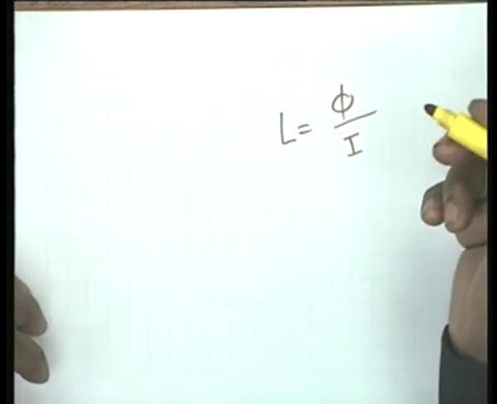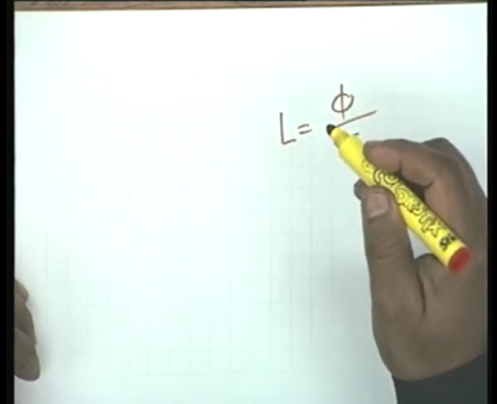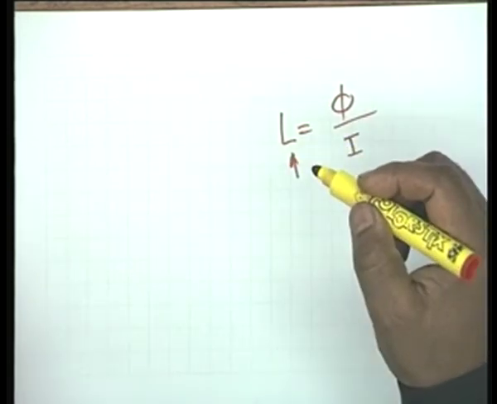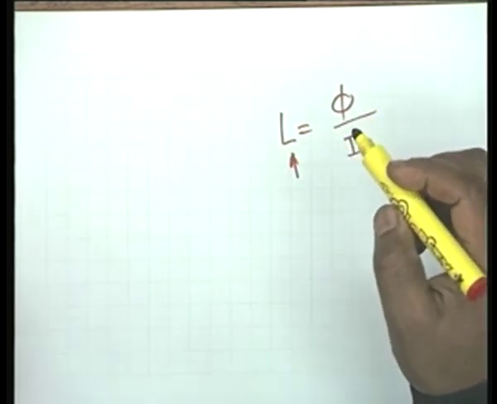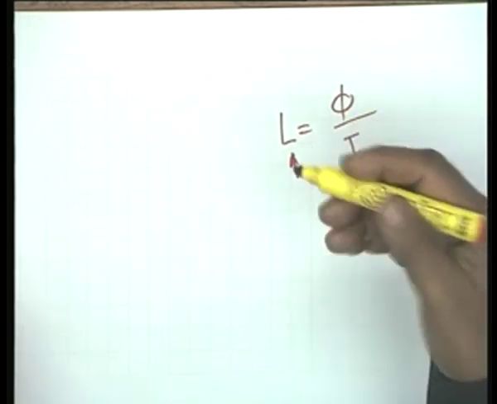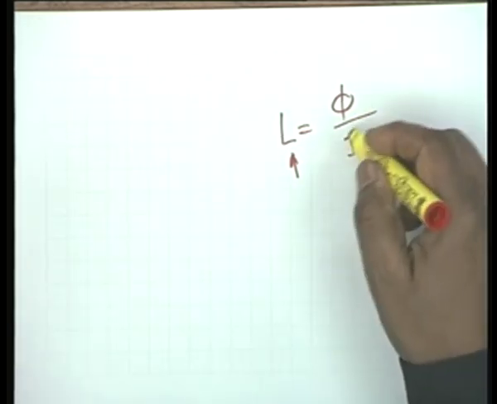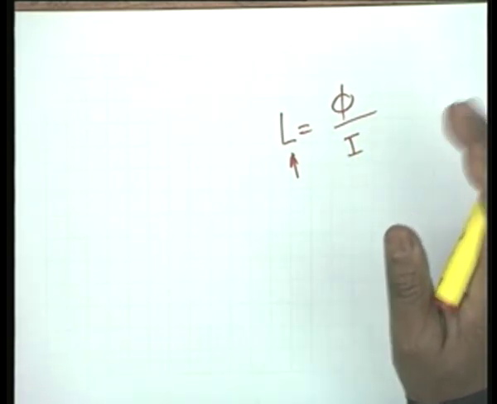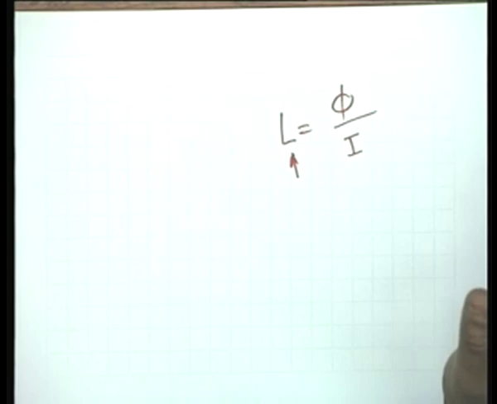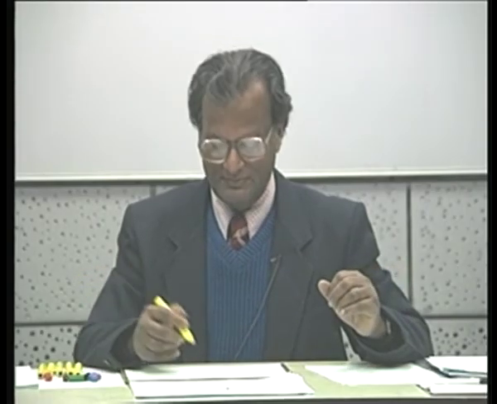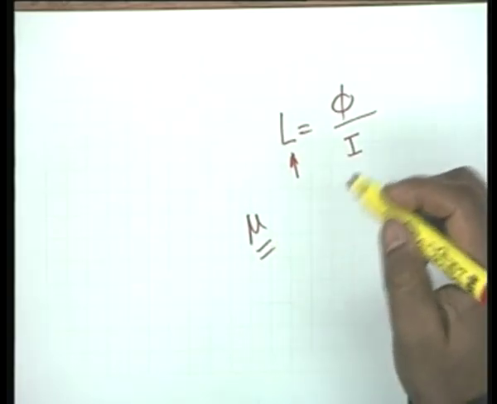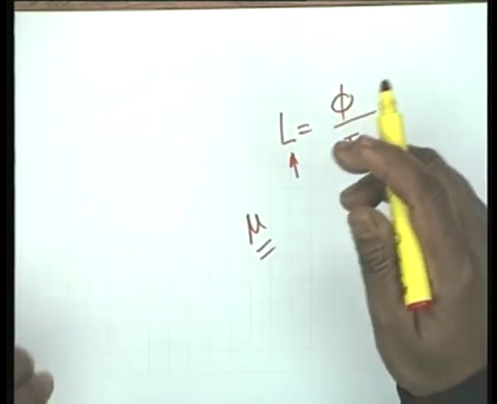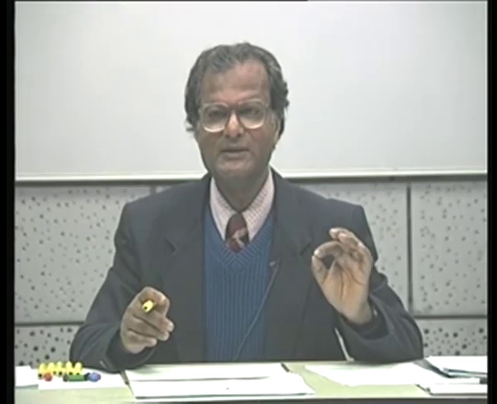And generation of a reasonable amount of flux: if you want to make L high, then you should make the flux high. For the same current, you should make the flux high. Now, if the medium permeability remains the same, for generating a large amount of flux, you require a large volume, which is not available in integrated circuits. In integrated circuits, space is at a premium.